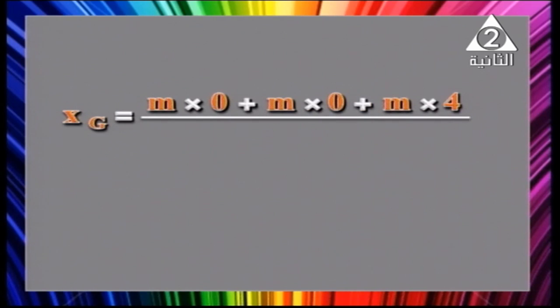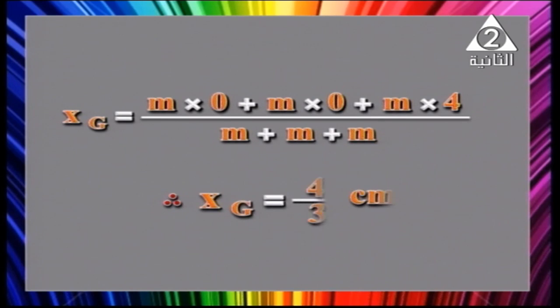xg equals what? My dear student, m1 x1 plus m2 x2 plus m3 x3 over the sum of 3 mass. Answer is 4m over 3m equals 4 over 3 centimeter.